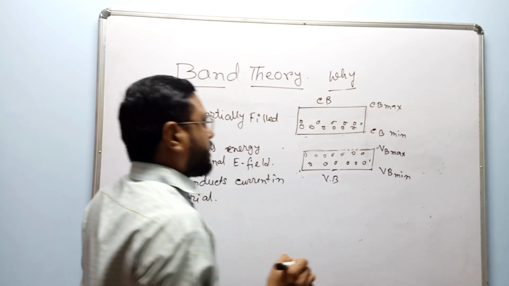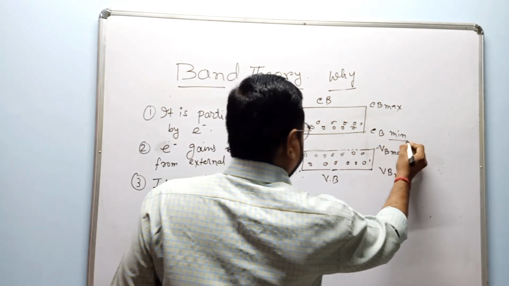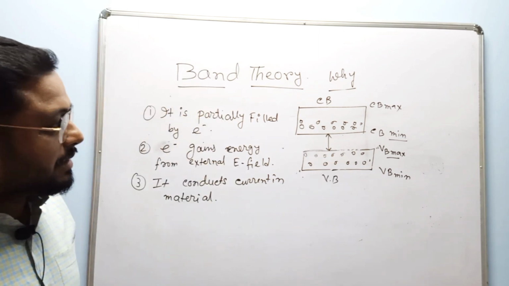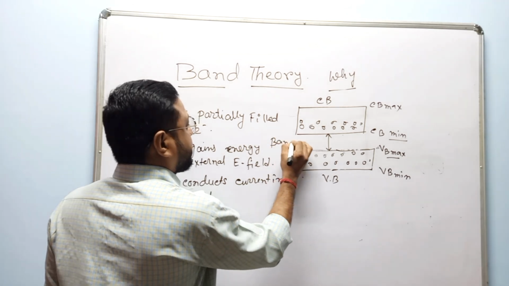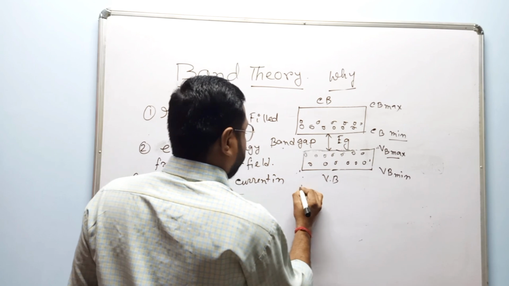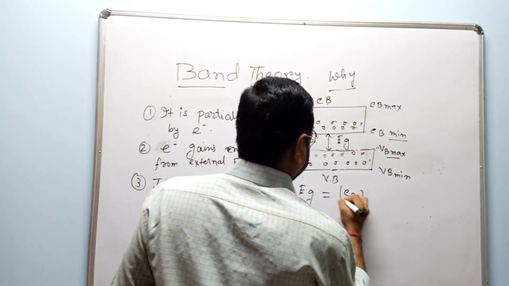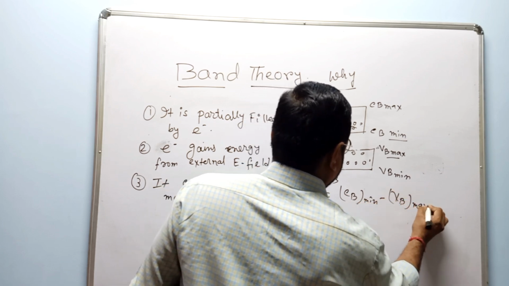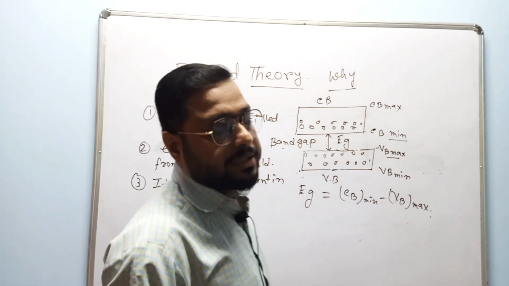Now the gap between the CB minimum and VB maximum, that is, the lowest energy level of the conduction band and the highest energy level of the valence band, is called the band gap. We can write it as Eg. So band gap Eg is equal to CB minimum minus VB maximum.